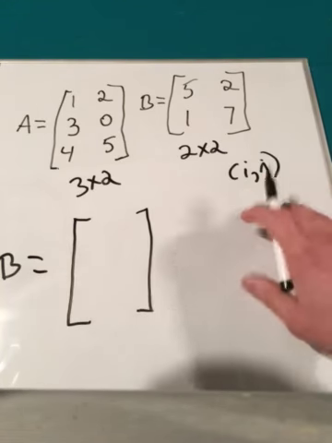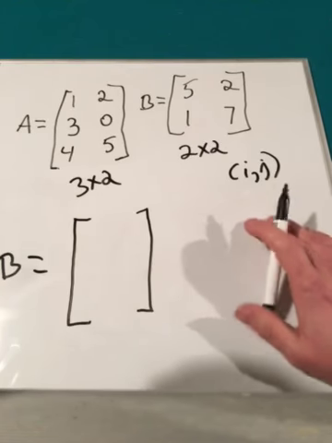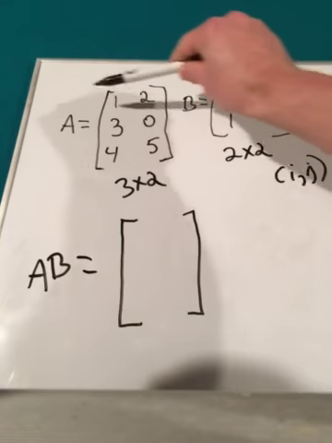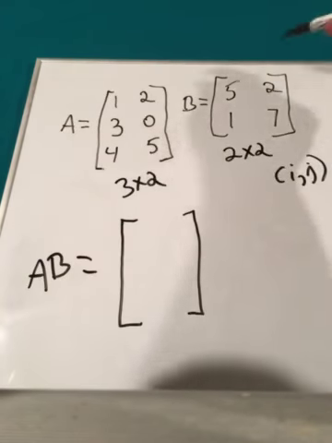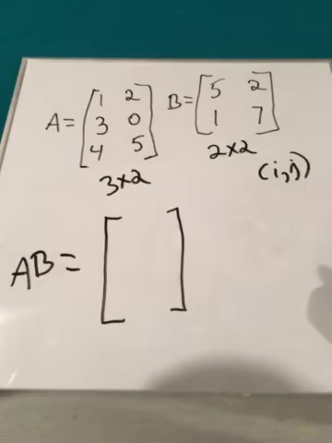Well, to do a dot product, you need vectors, right? We can say our rows of A are vectors and our columns of B are vectors.